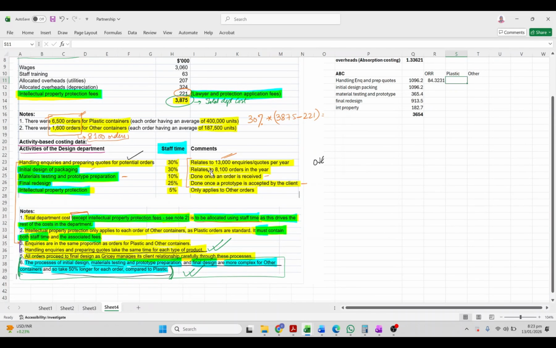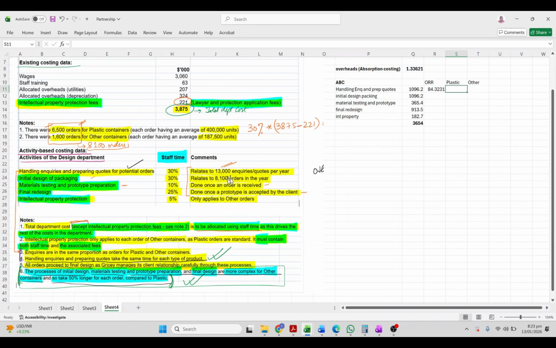Although these are 13,000 inquiries, definitely not all inquiries were converted to orders, because orders are just 8,100. So they are saying that the number of inquiries is in the same proportion as the number of orders. So how many orders are there for plastic and for other?